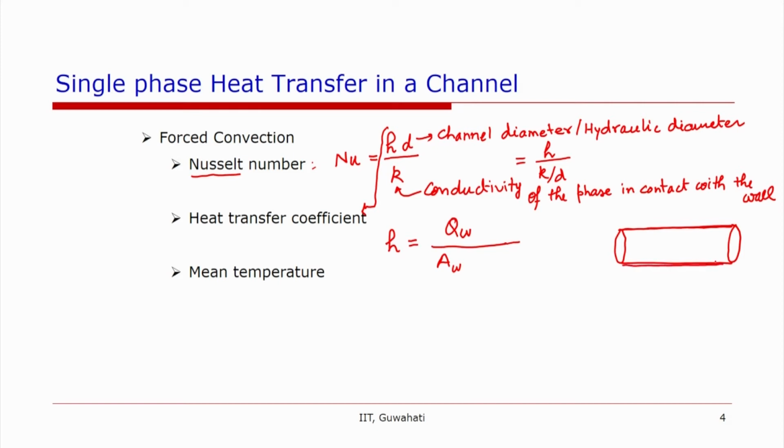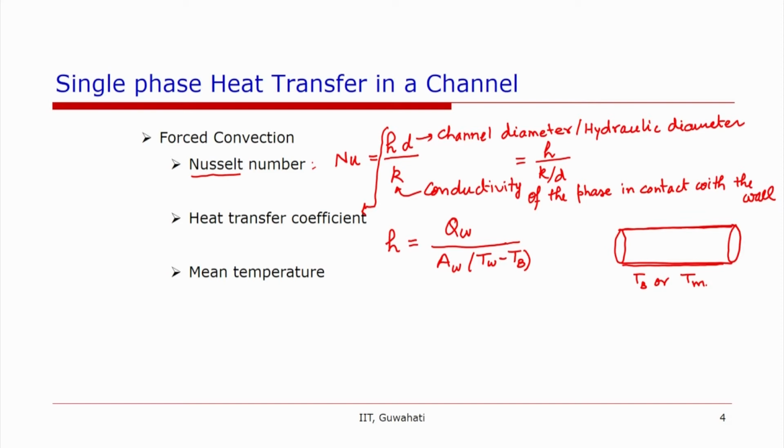So, for a cylindrical channel it will be 2 pi r l, so H is Q w over A w into T wall minus T bulk, or T bulk mean.